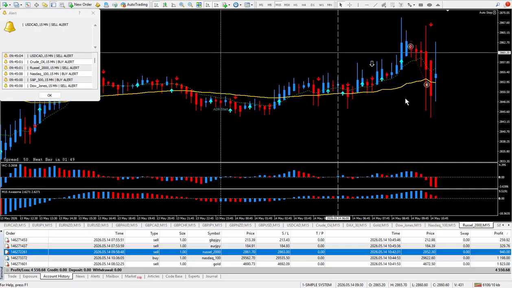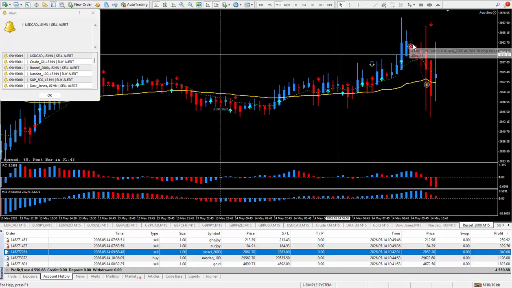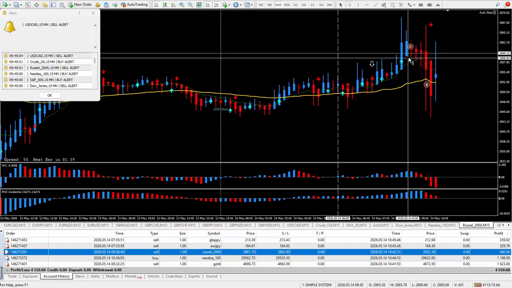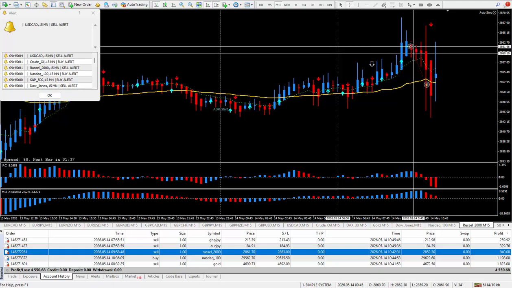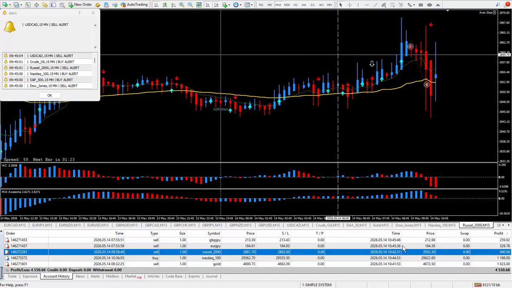And I teach that in the training videos on how to trade pullbacks. So even though the market can be going up, you can trade pullbacks. So took the trade at this point, and the Russell pays $10 for each tick. So looking at the money, looks like we're looking for 94. There it is right there, 94 ticks, and that paid out $940.